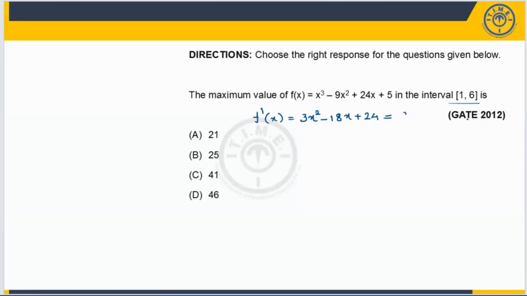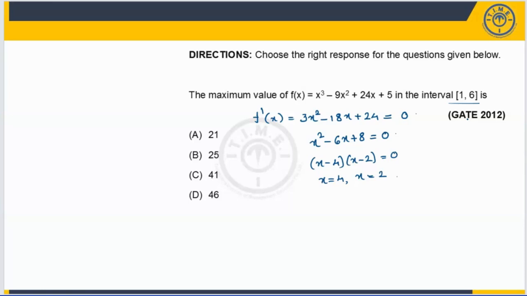If we equate it to 0, we can take 3 common. So that will be x square minus 6x plus 8 is equal to 0. So 4 2's. That is x minus 4, x minus 2 is equal to 0. So x equals 4 and x equals 2 are the stationary points, and they both lie inside that interval.